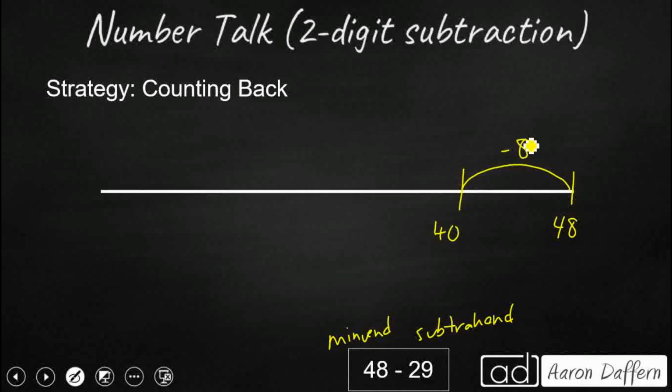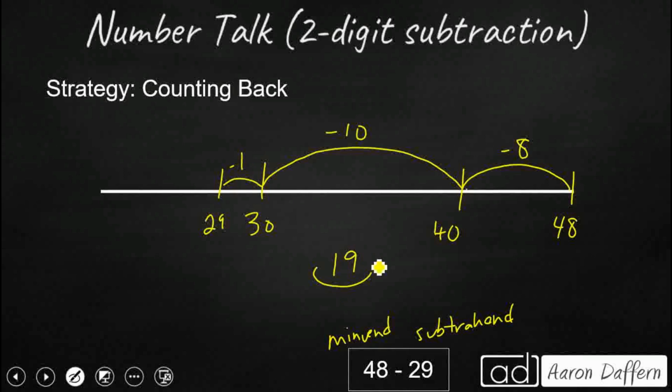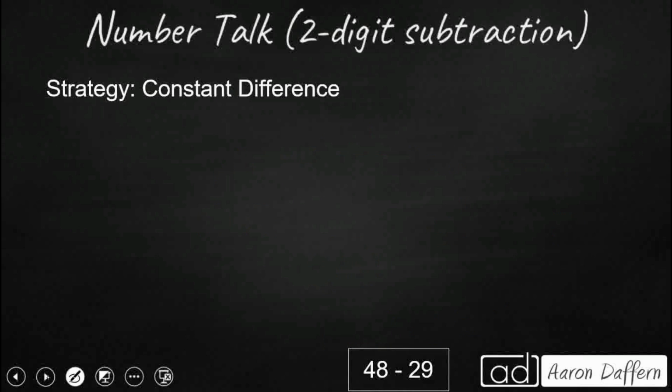And that's a minus 8. And we've got a 10 jump right here. That's a big jump, minus 10. And that's going to get us 30. But then really after that, it's just a little tiny jump to our 29. And that's going to get us minus 1. So we add up 1 and 10 and 8, and that gets us our 19 difference once again.